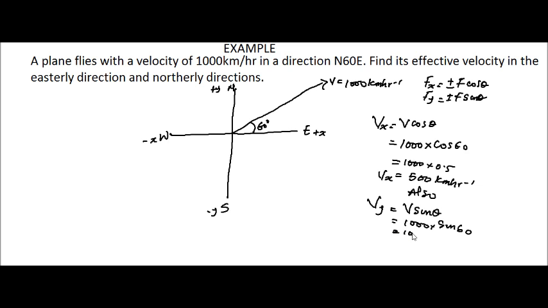That will be 1000 times sine 60, which is 0.8660 if you press your calculator. So 1000 times 0.8660 will give us 866 kilometers per hour. So this implies that the velocity in the northerly direction is 866 kilometers per hour.